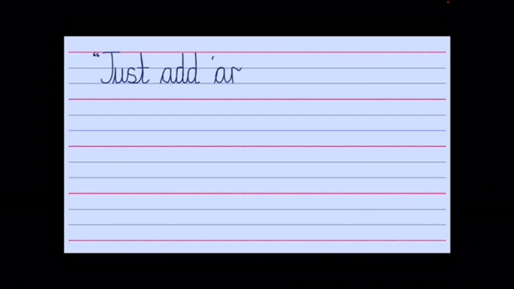J-U-S-T. Just add A-R. And we've used inverted commas because it's not a word we're thinking about as spelling for the end of a word. I like that. Comma and close the speech marks.